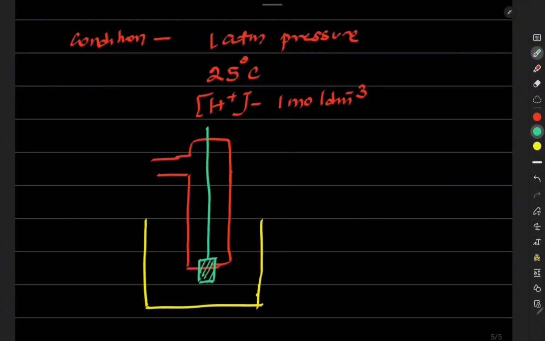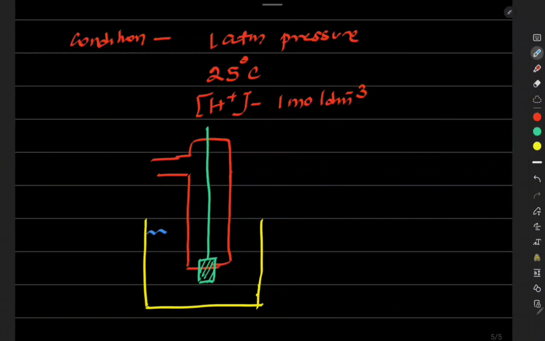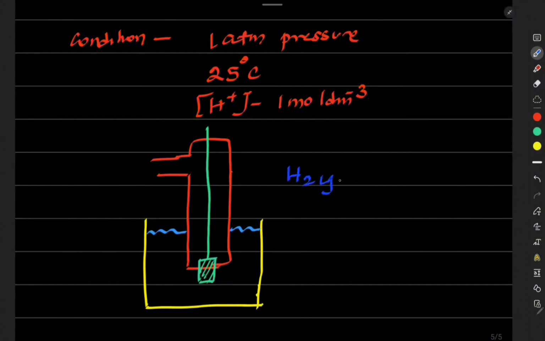Now let's look at the standard hydrogen electrode. This is dipped inside a solution, and there will be an equilibrium established between the hydrogen molecules and hydrogen ions in the solution, which is catalyzed by the platinum.